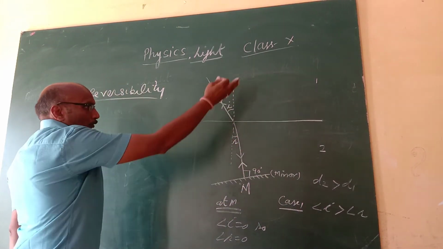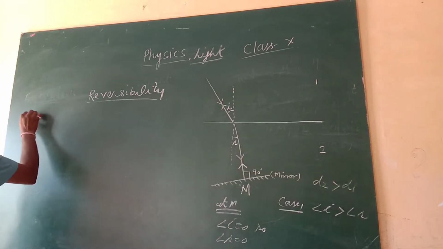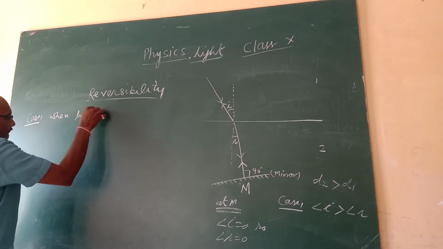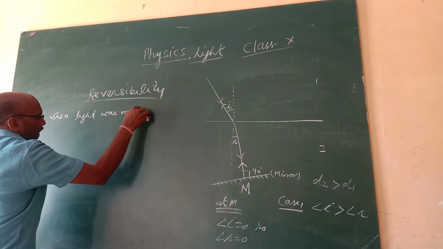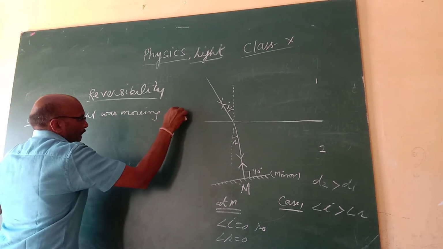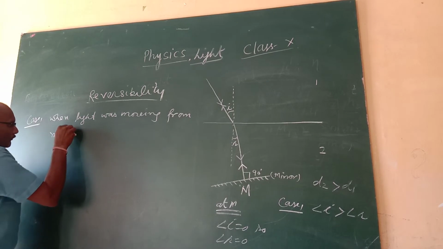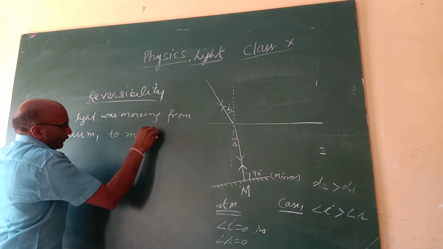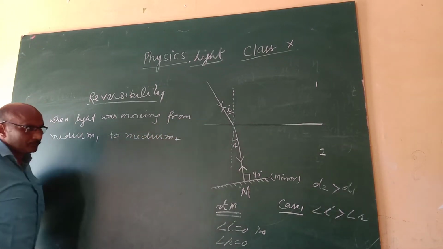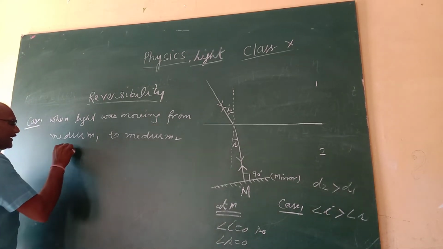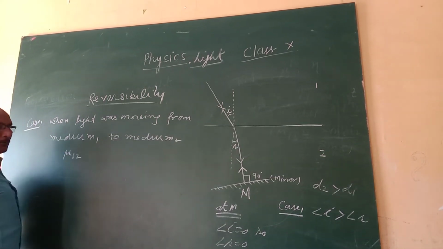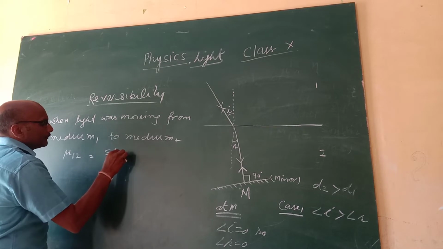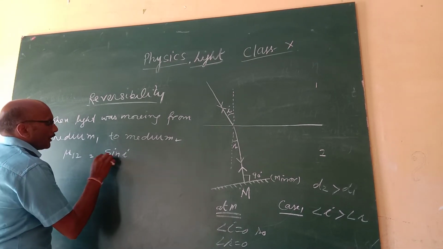Case 1: when light was moving from medium number 1 to medium number 2, the refractive index of medium number 2 with respect to medium number 1 will be equal to sin i upon sin r.